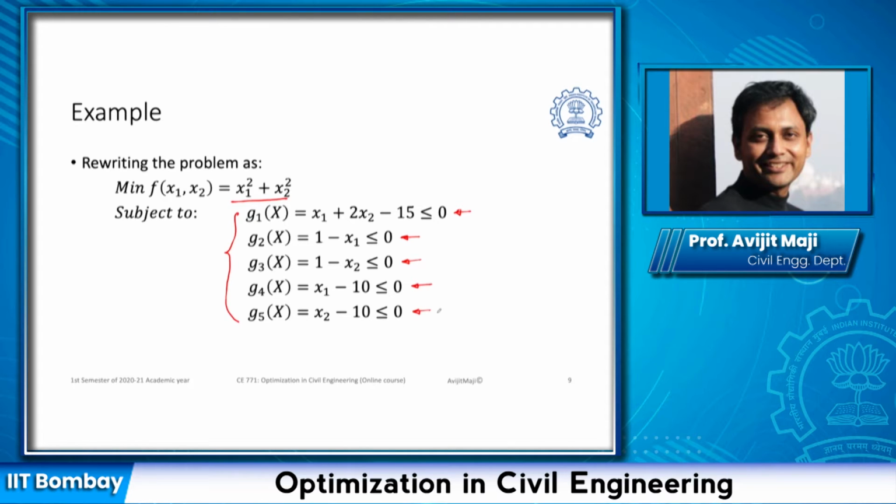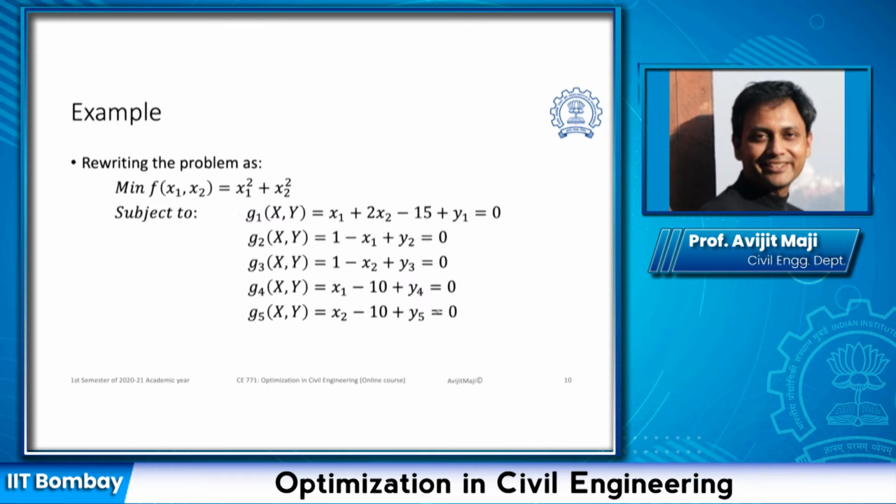Now it is a proper multivariable optimization problem with inequality constraints, and these inequality constraints we can convert into equality constraints by adding slack variables. Once we add the slack variables, my constraints change as shown here for each case.